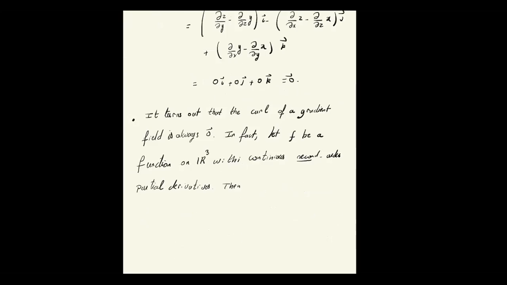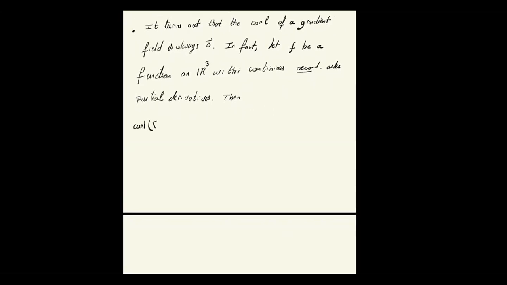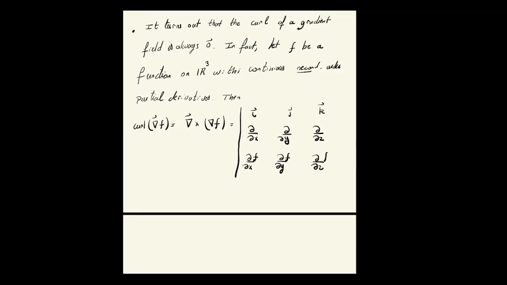Then the curl of the gradient is the cross product of the gradient with the gradient, which is the determinant of i, j, k; del x, del y, del z; del x f, del y f, del z f.